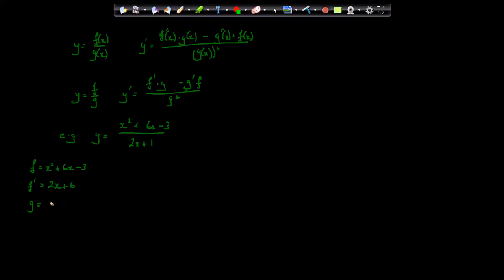Function g is equal to 2x plus 1, so g dash would equal just 2. So working out our derivative, f dash times g would be 2x plus 6 times function g, minus g dash, which is 2, times function f, all over function g squared.